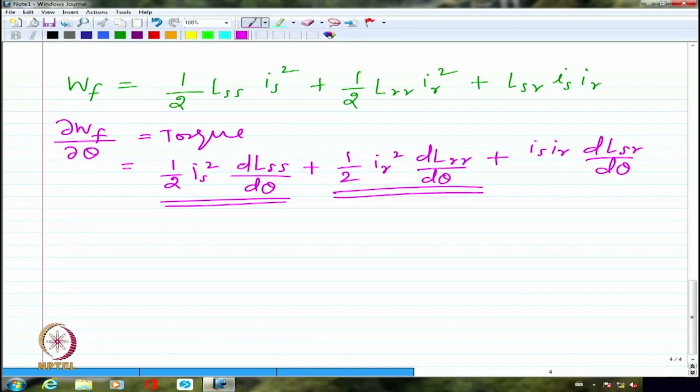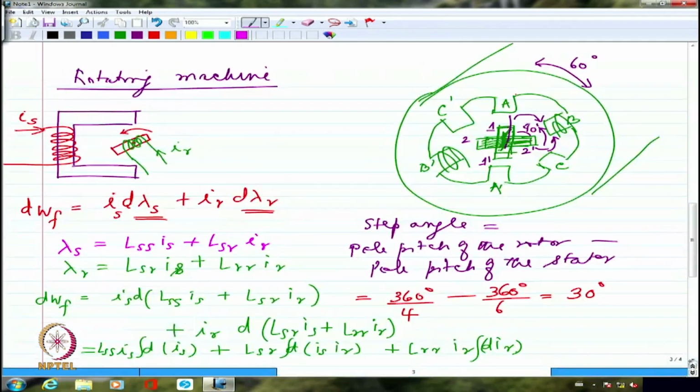For example, if we had looked at this stepper motor, very clearly if I am trying to look at the inductance of this coil, that is, let us say the coil that is wound around B and B dash, or A and A dash, or C and C dash, when I am going to have a complete alignment, the inductance will be maximum. Even for the coils which are wound around the stator poles, when the rotor is aligned completely with the stator, I am going to have maximum inductance, because minimum reluctance will be there.